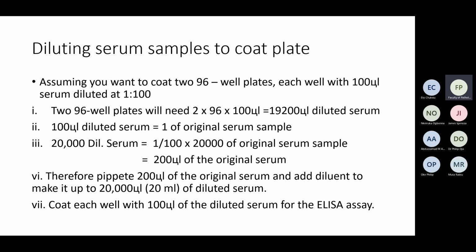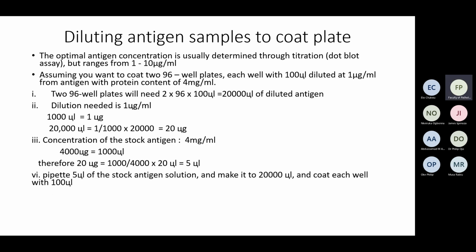That is why, in your serum, instead of trying to get 19,200 microliters of diluted serum, I opted to work with 20,000 microliters, so that when I go to the antigen, it will need the same amount, 19,200 microliters, but I decided to take 20,000 microliters to make room for any possible wastages in the procedures.